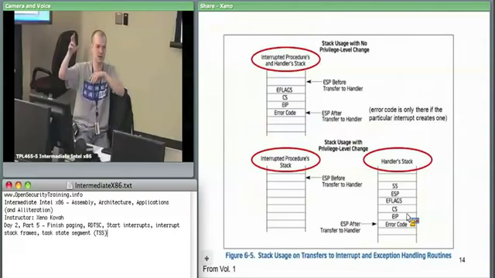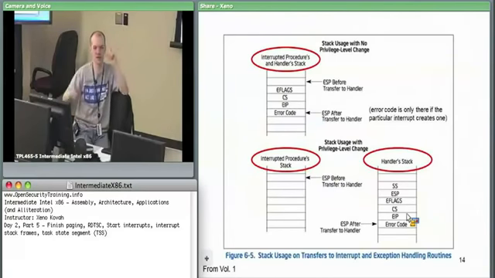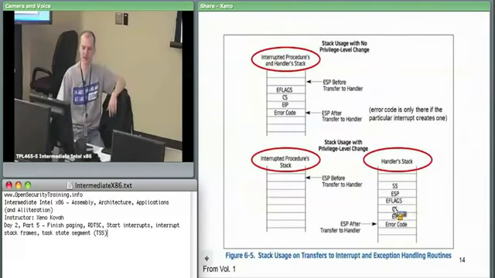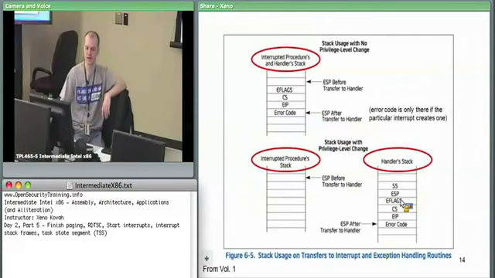Ring 3 code had this stack segment plus its offset into its stack right now, which is ESP. And ring 3 code had this code segment, and the offset into its code was this EIP. So store those for later. And EFLAGS again is just stored because you've got some state in the flags which you maybe want to restore. Again, you may or may not have an error code.